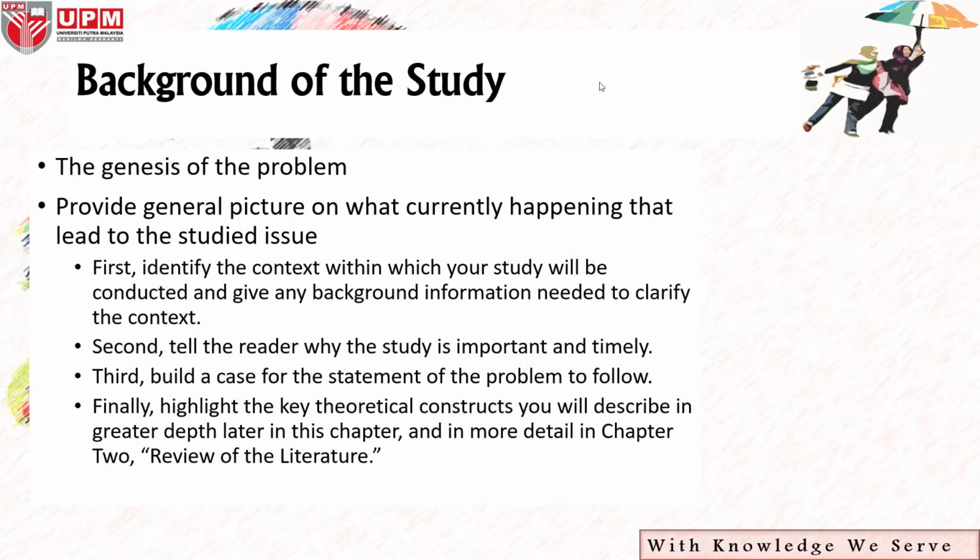Okay, so for example, the topic is related to women empowerment. Basically, either you do a qualitative or quantitative study. When you conduct a qualitative study, make sure the theory that you choose is related to the focus of your study. If the focus is exploring women empowerment, make sure the theory mentioned in the background of the study is theory on empowerment.